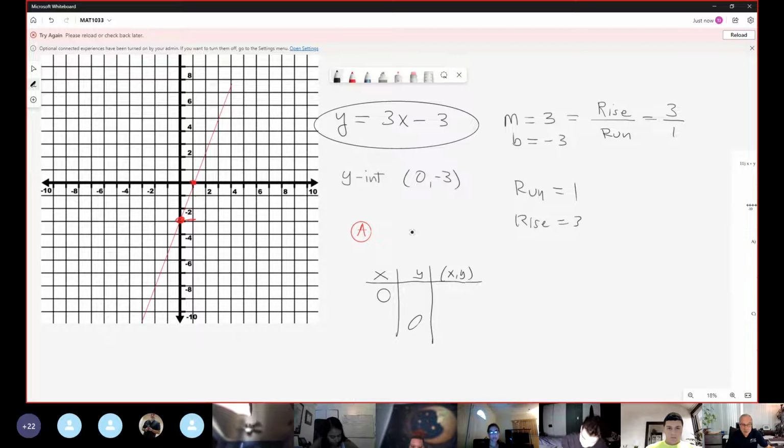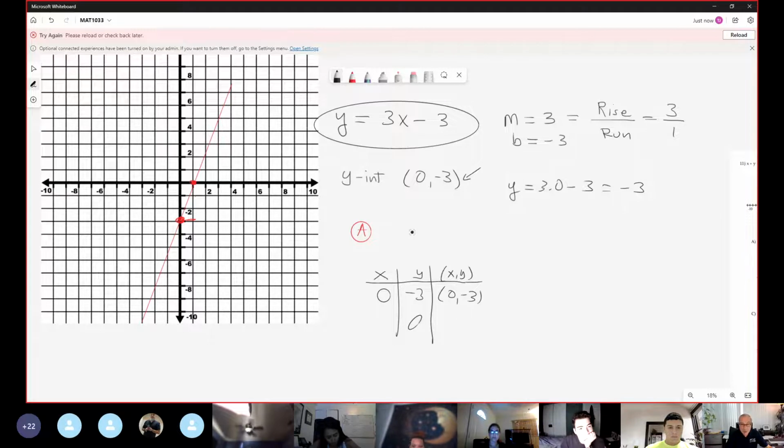Okay, so you're plugging in x is 0 here. We try. Y is equal to 3 times 0 minus 3. 3 times 0 is 0. So the answer is minus 3. And the famous point is 0, minus 3. Okay, obviously is this.